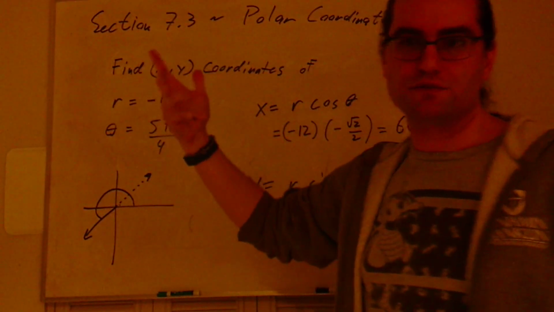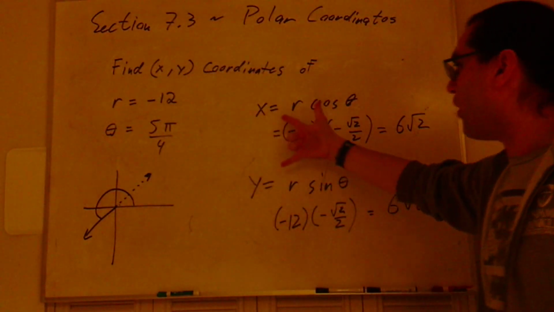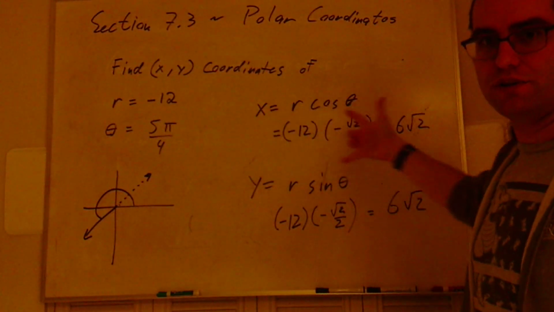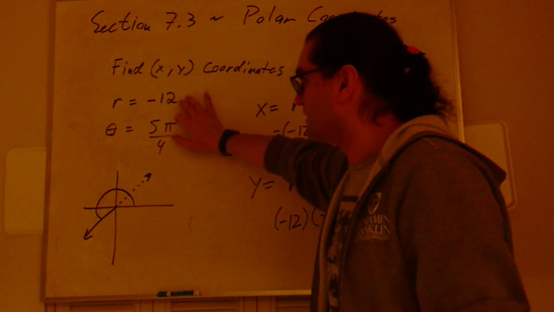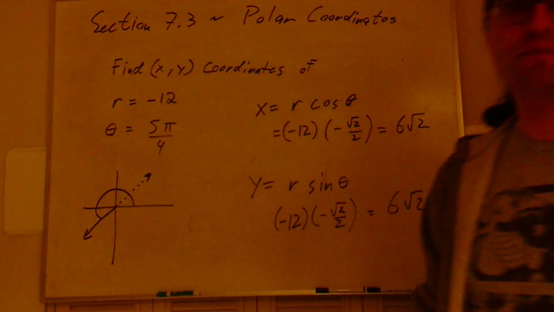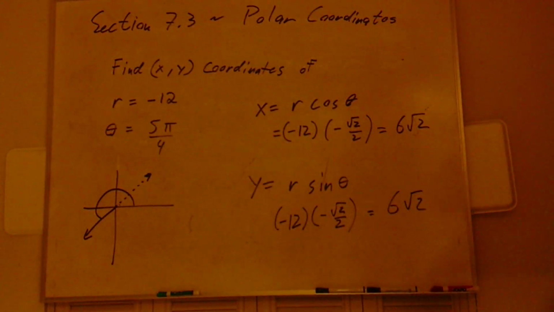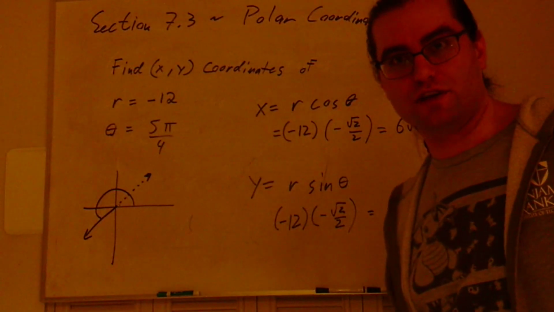You can put in r equals fractions. This will always give you accurate, correct coordinates, whatever kind of weird nonsense you use for r and theta. No weird nonsense going on. It's good. That's how we get x and y values out of this.